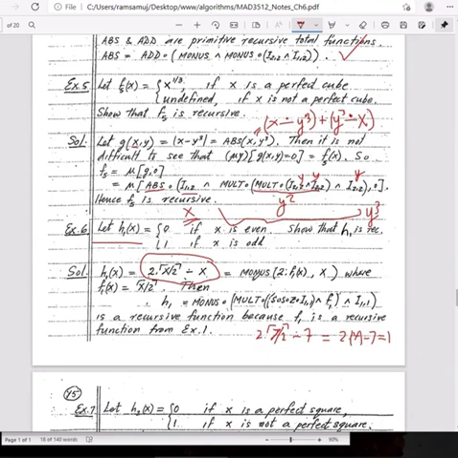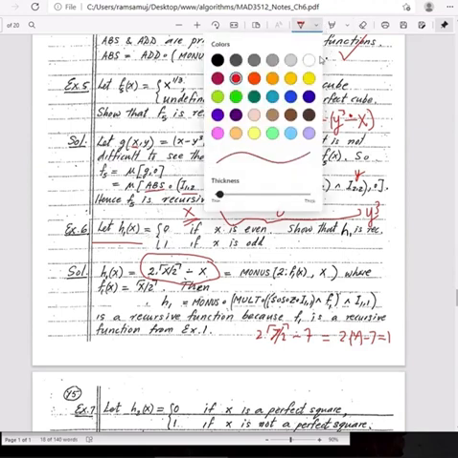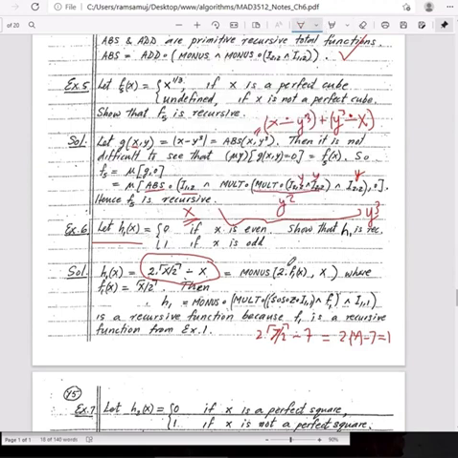So this is monus of 2 times f1 of x, comma x. I think I know, because this here is the f1, and that's the 2, and then you monus the x. And f1 is that.